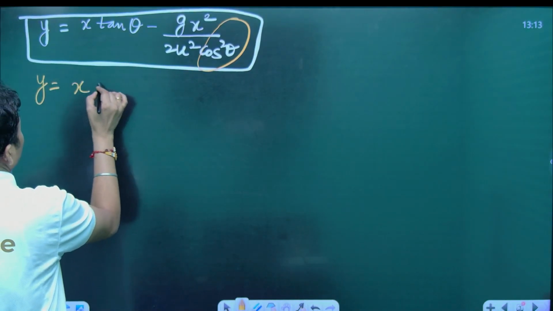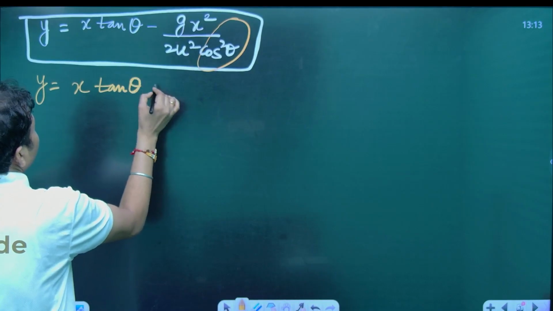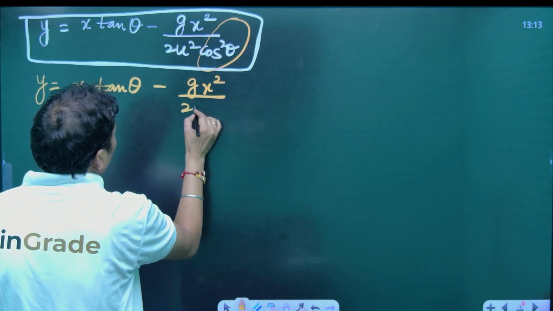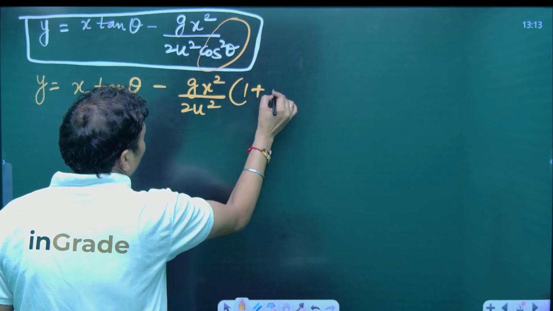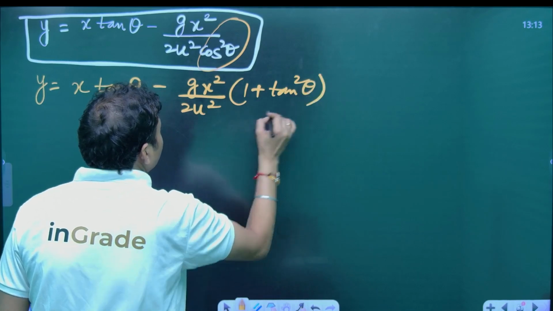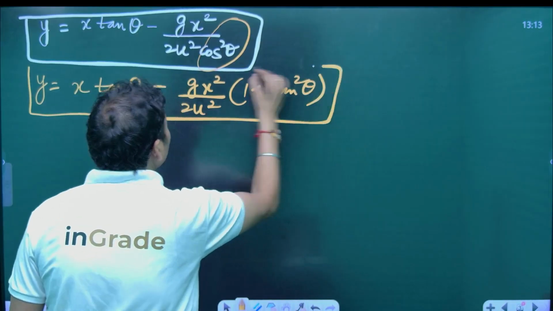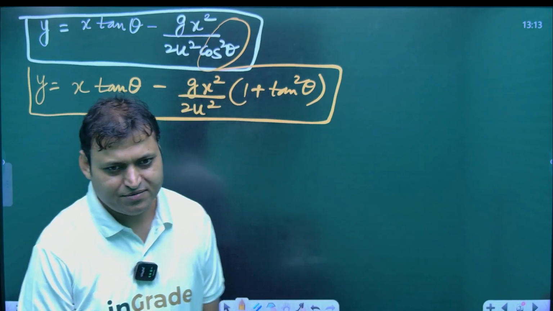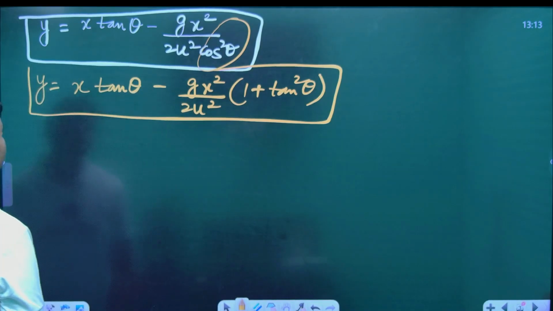So in terms of tan theta, we can write x tan theta minus g x square upon 2u square into 1 plus tan square theta. This is another form of the equation of trajectory of the projectile motion, ground to ground projection.